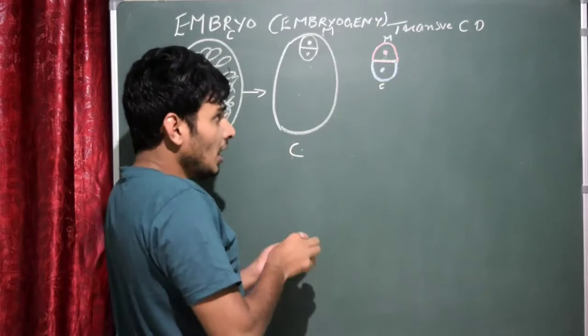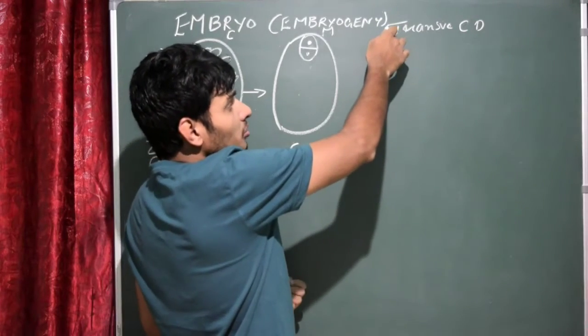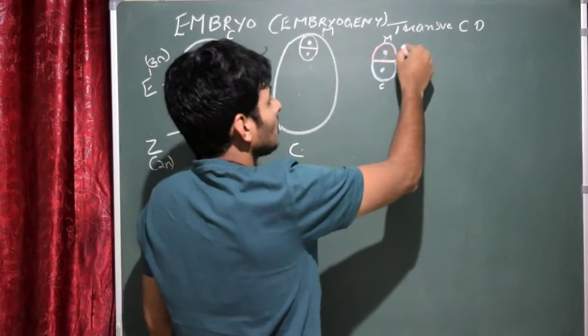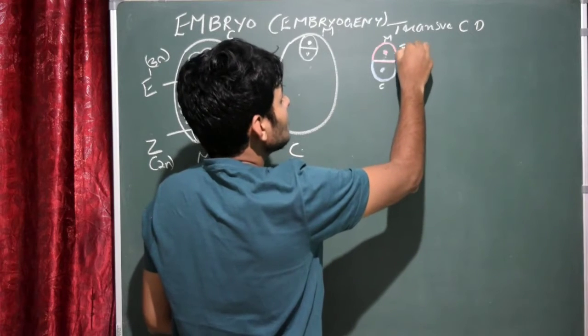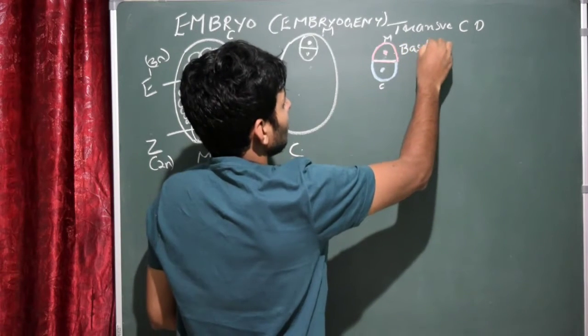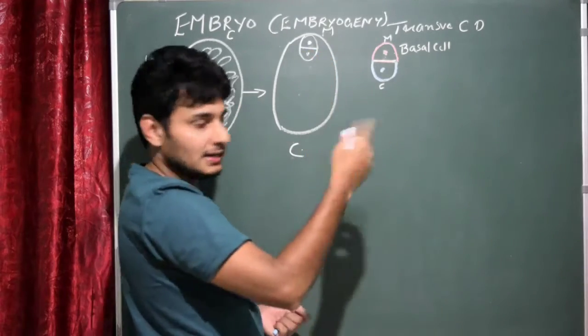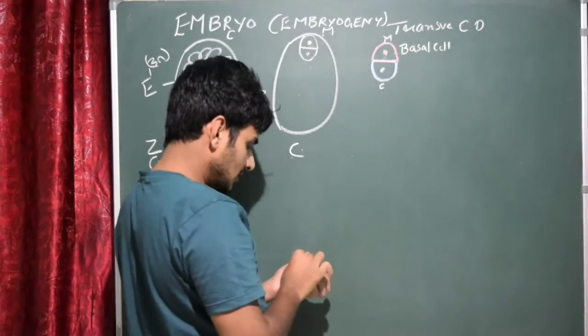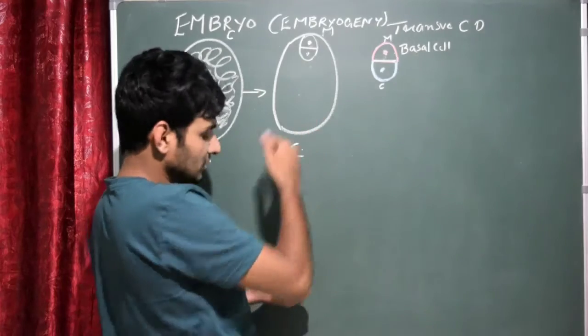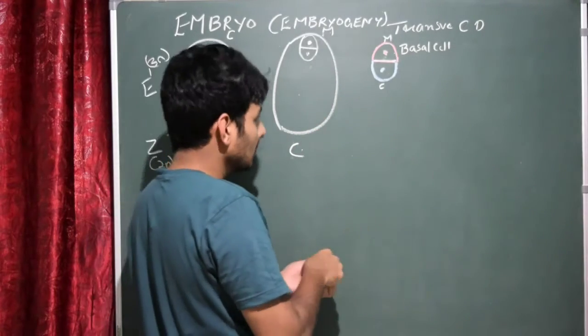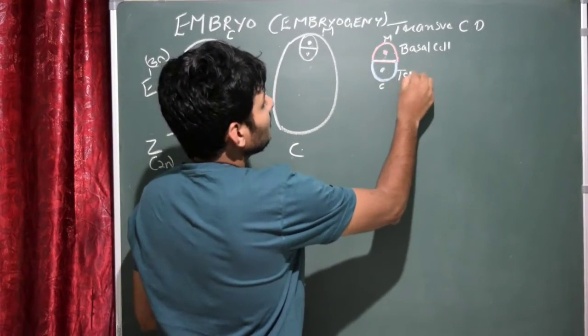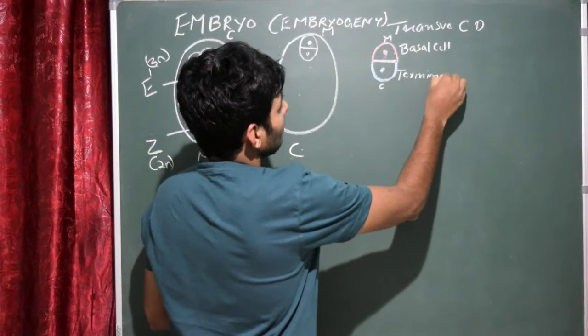The cell which is closer to the micropyle is called the basal cell, the product of the zygotic cell division. And the blue cell, which is towards the chalazal side, is called the terminal cell. Remember this.